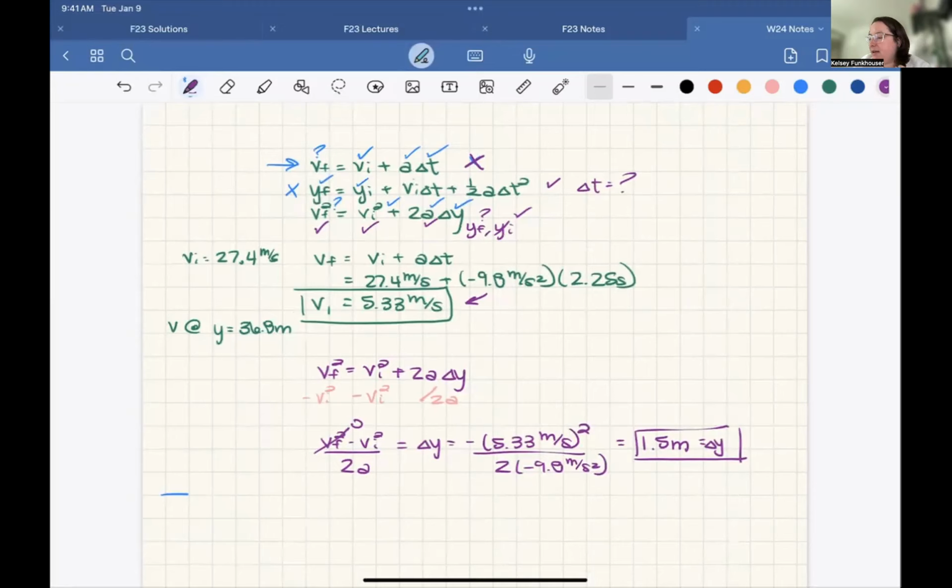And then the last one only had one thing we didn't know, which was that final position. We kept it as displacement because, again, that's what they're asking for by saying how much higher does it go. It's asking for the displacement, not the final y position. We solved for that, and we saw that it travels 1.5 more meters before velocity is 0, and then it reaches its turnaround point.